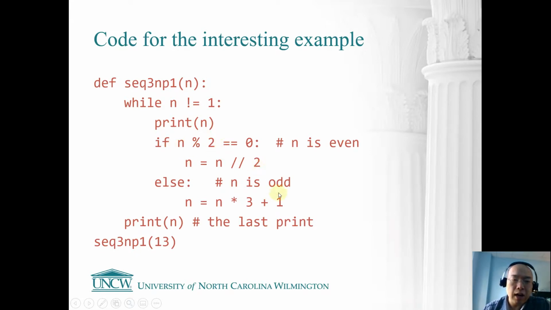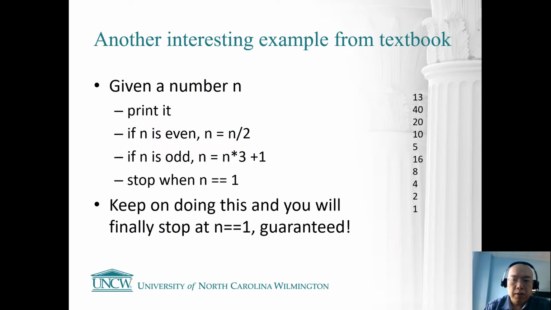If it is odd, I do n multiplied by 3 plus 1 and assign it back to n. And eventually, I'm trusting the mathematical proof behind the scenes that it can be done, and eventually I'm going to go down to 1.